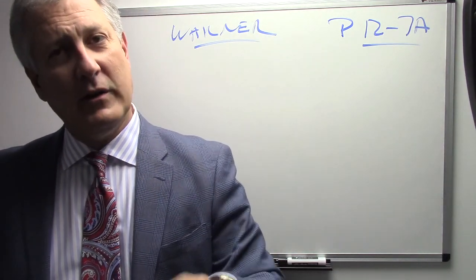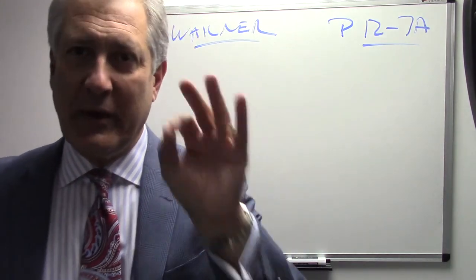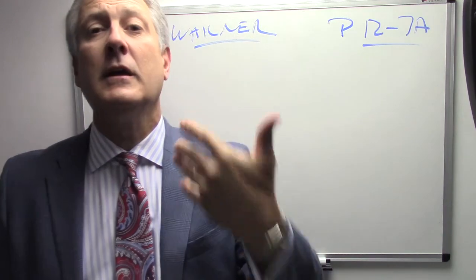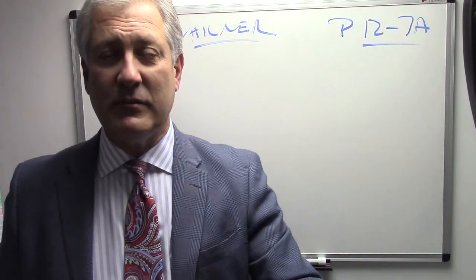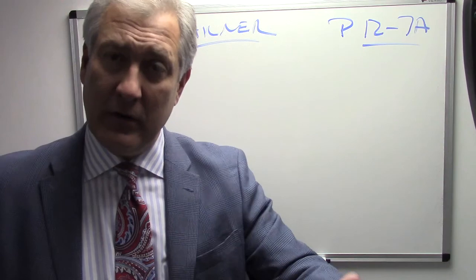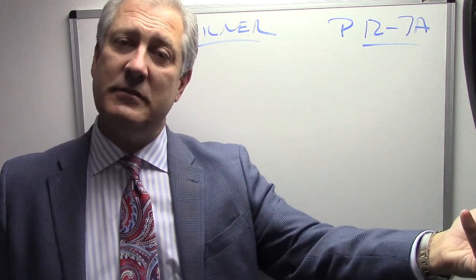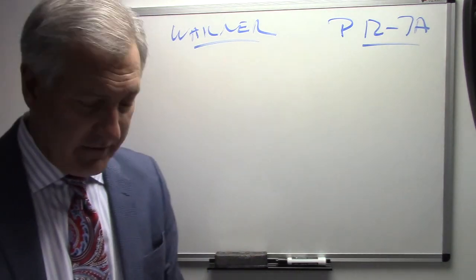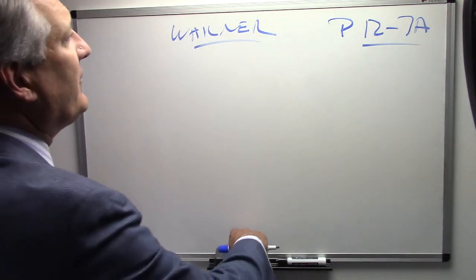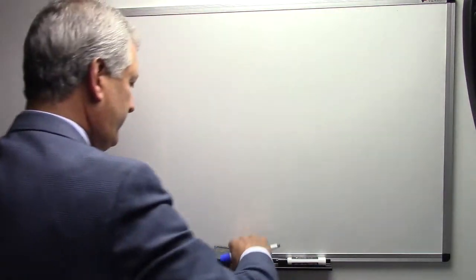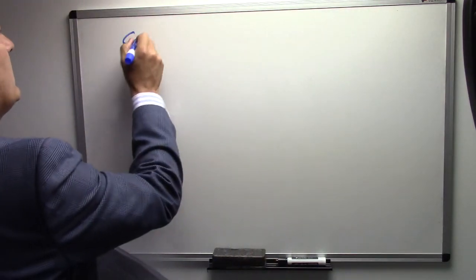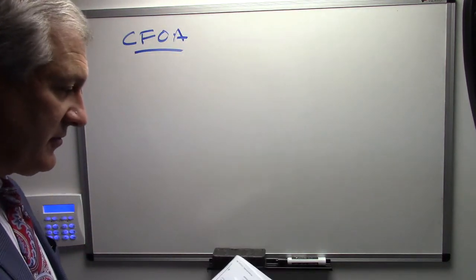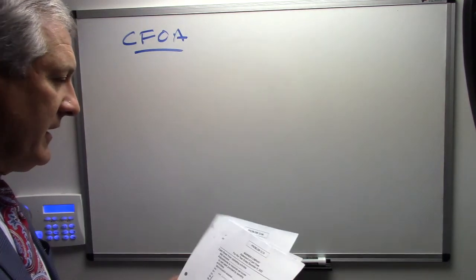And then 4, lastly, changes in long-term items, long-term assets, long-term liabilities, and shareholder equity accounts go into either the investing activity section or the financing activities section. So let's start with the cash flow from operating activity section. And as I indicated, let's start with net income.